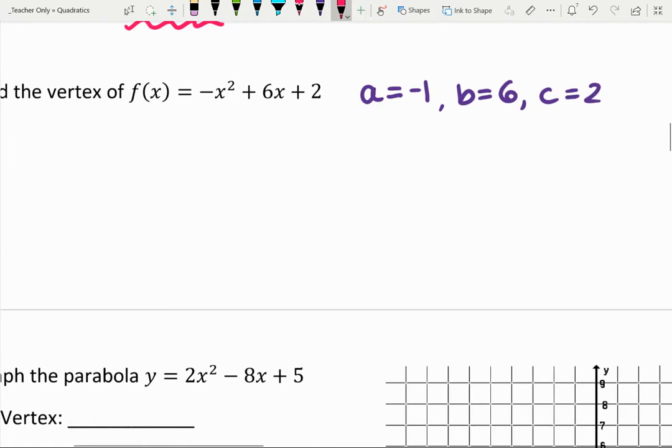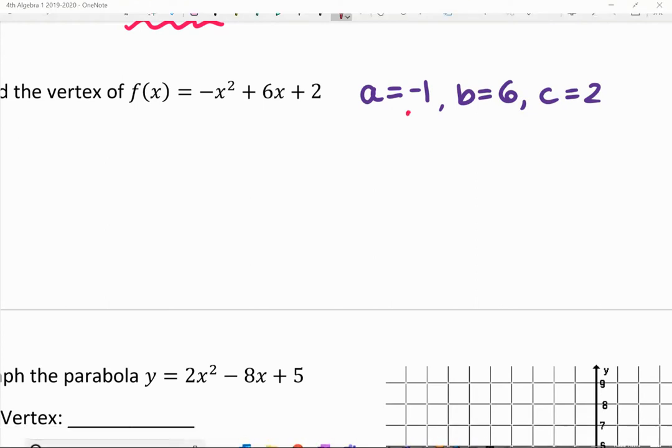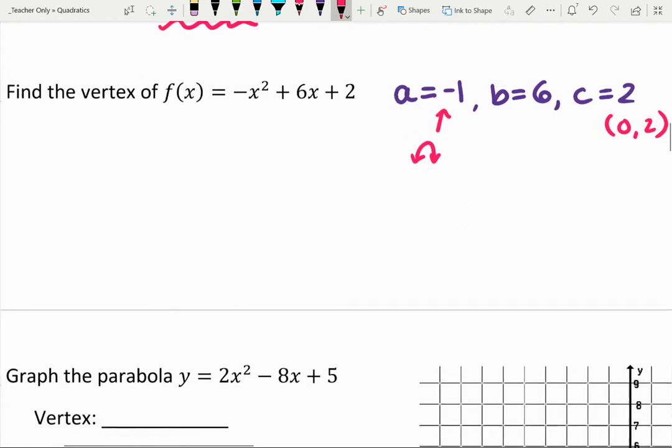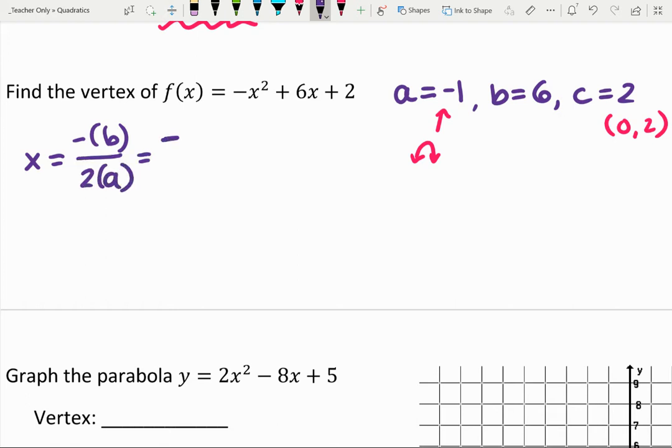A couple of checkpoints here: since a is -1, this is going to open downward, and this is going to be the coordinate point (0, 2) for our y-intercept. But really, we need to find the vertex. So our vertex formula, starting with the x-coordinate, is negative b divided by 2 times a, which in this case we replace b with 6, and then a is -1.